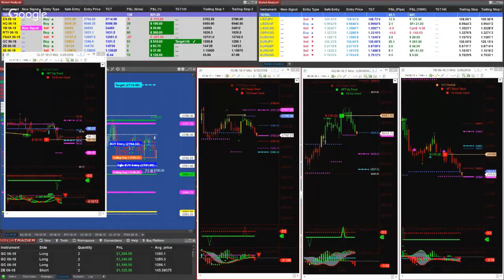This is exactly what is your resistance on your YM, 45.30. This is exactly what is your resistance line support.